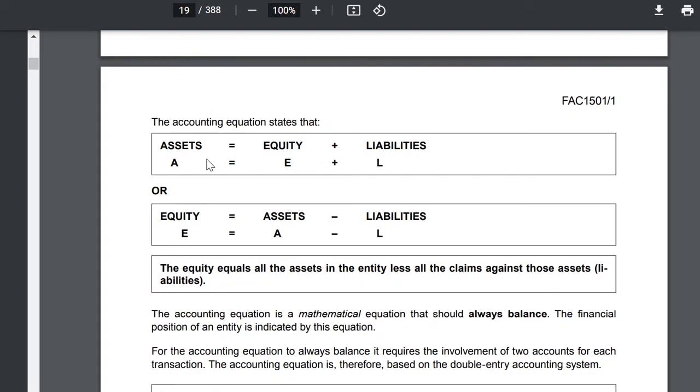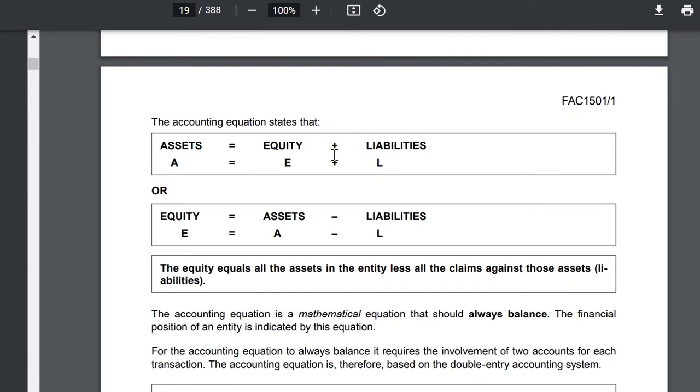The accounting equation states that asset equals equity plus liabilities. So you can either say A equals E plus L, or you can say equity equals asset minus liability.